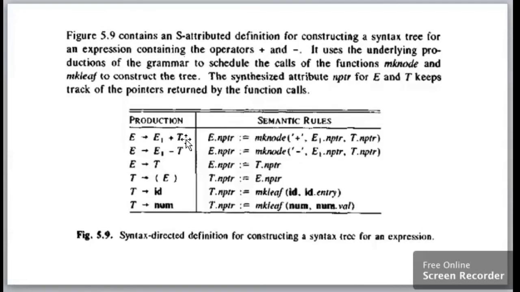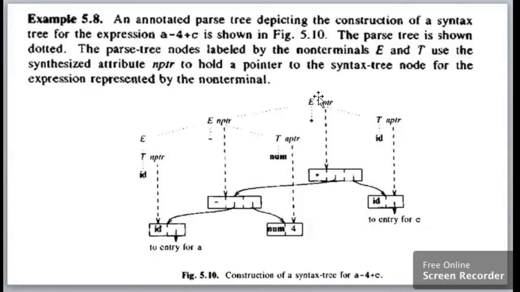Based on this set of productions, E can have the form of E1 plus T, where E1 represents the second occurrence of E in the same production. E can have the form of E1 minus T, E can have the form of T, T can have the form of bracket E, T can have the form of id, T can have the form of num. So based on these productions, we are constructing a parse tree.